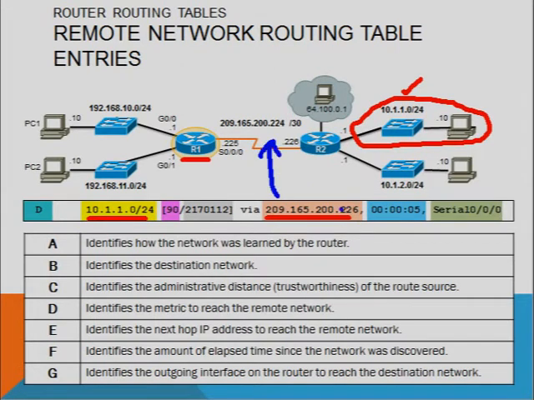You have other information such as the 90/ number below, which is represented by the routing protocol, and finally you have the exit interface from the router itself. These are the information that you can gather for the remote network in the routing table.